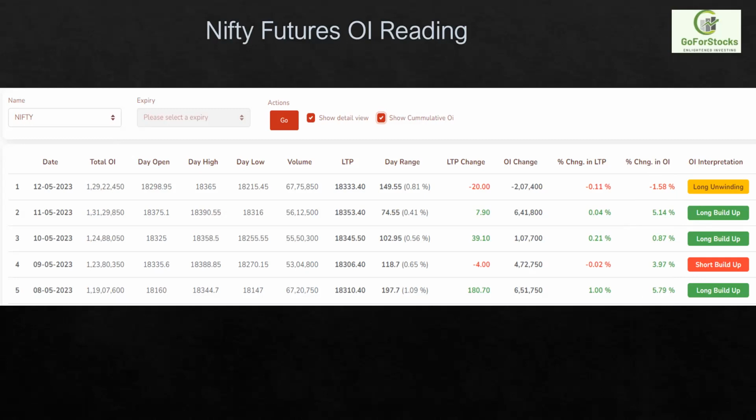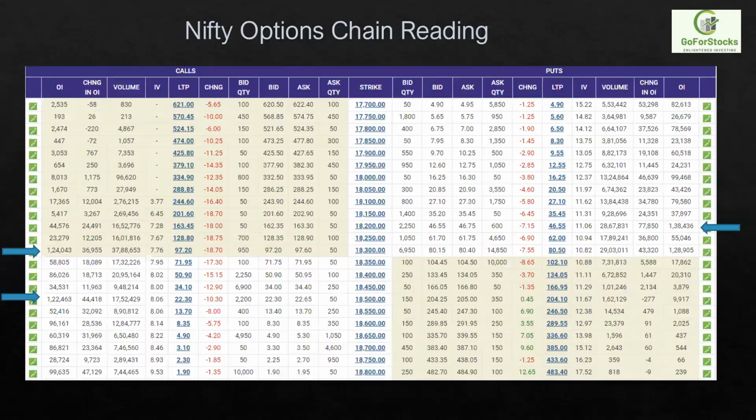We can see that Nifty added open interest in futures. If we look at the options chain now, in the put columns, we'll see that the maximum put open interest is at the 18,200 level, and this is where the maximum open interest also got added on Friday. This confirms that the 18,200 level is a very critical area to watch out for if there is any bearishness on Monday.